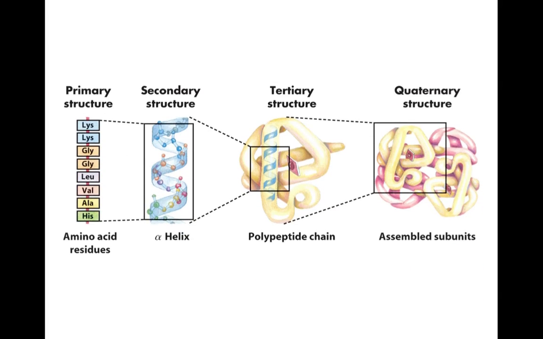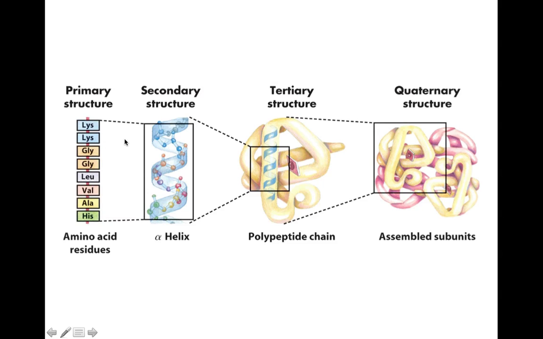Now first, there are 4 levels of protein structure. You have primary structure, secondary structure, tertiary structure, and quaternary structure. As you go from primary to secondary to tertiary, we are looking at just one polypeptide chain.